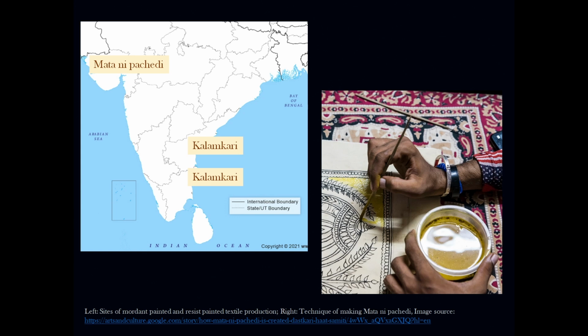So apart from this, these two areas that we spoke about in southern India, that is Srikalahasti, and the area near Tanjavur, that is Karapur, we are also aware of other sites such as Pudukottai in Tamil Nadu, which is not that far from Tanjavur, which was known for wax resist painting and also perhaps some form of discharge painting.